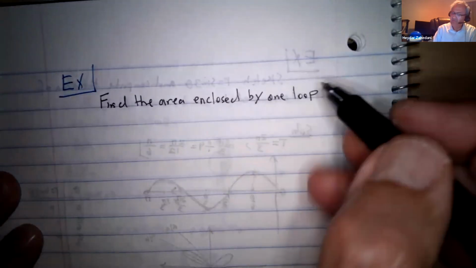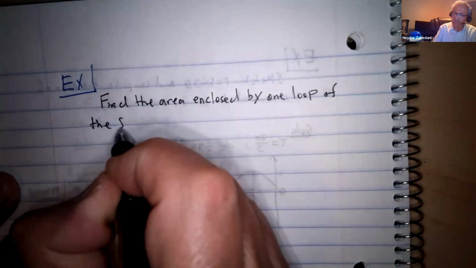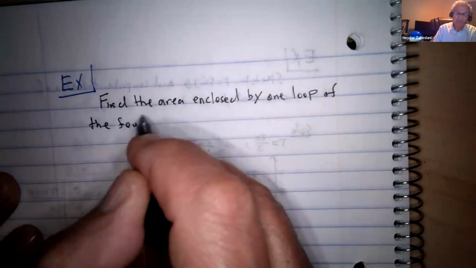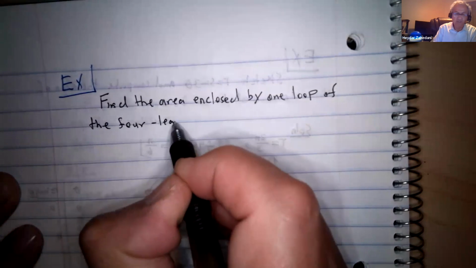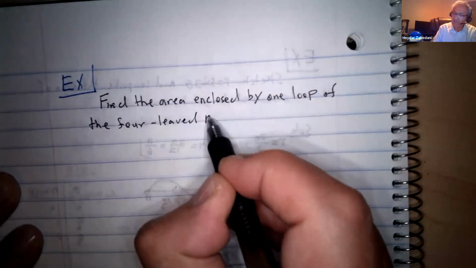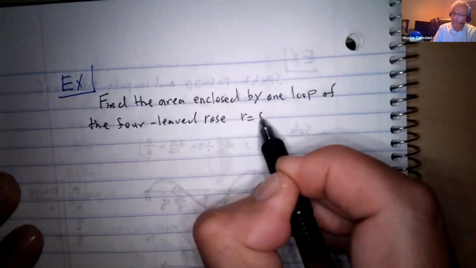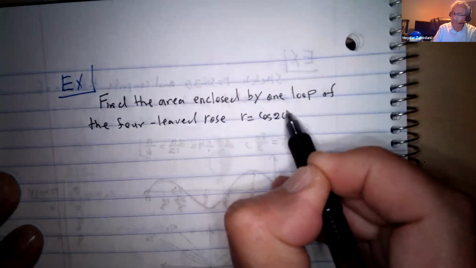One loop, in this case, of the four-leaved rose, r equals cosine of 2 theta.